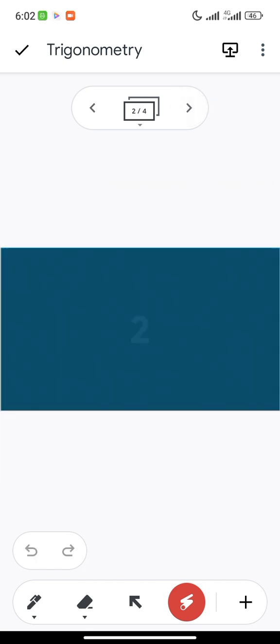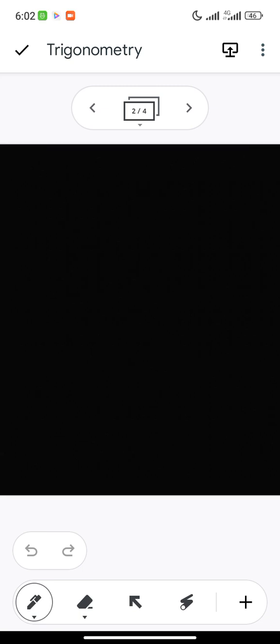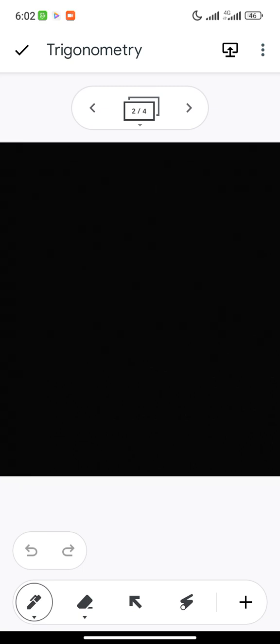So let's take another example. Example B, 16.24 degrees. You can quickly pause the video and attempt it. So we have 16 degrees plus 0.24 degrees. Now remember, we said just this part.